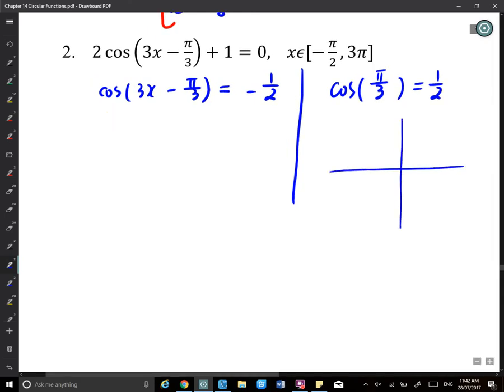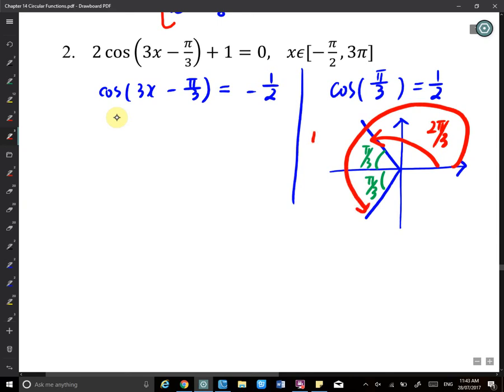Negative will be in the second and third quadrant for cosine. So you draw two angles in the second and third quadrant with reference angle pi on 3. So the actual angles are 2 pi on 3 and 4 pi on 3.